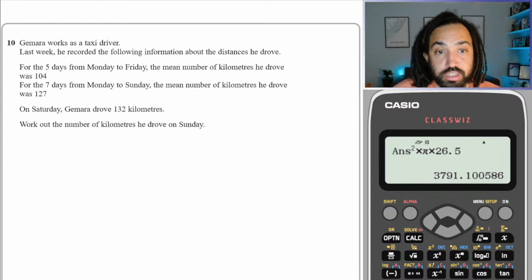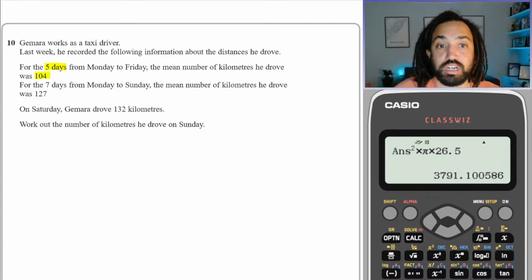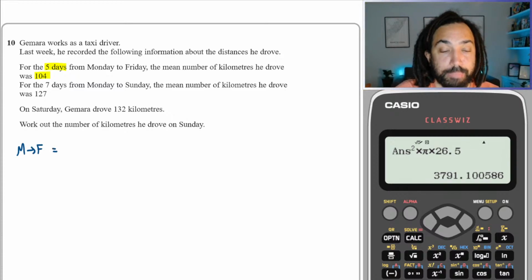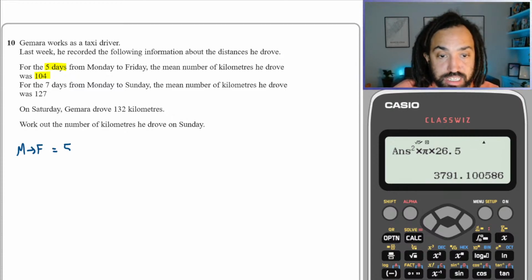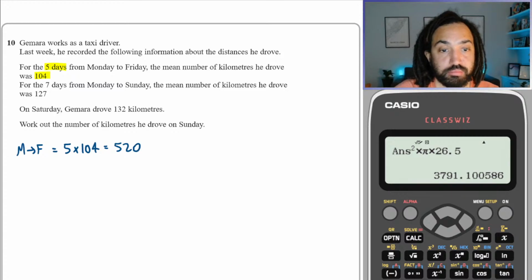Okay. So what we're going to do is take this information and work out how much they drove in the first 5 days. So from Monday to Friday, the amount they drove would be the number of days multiplied by the mean, which will give me 520.